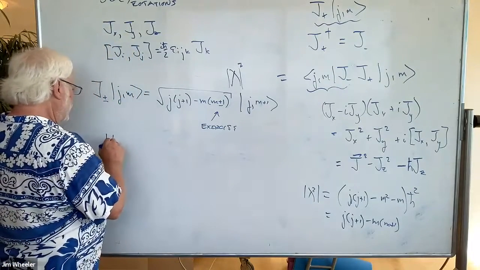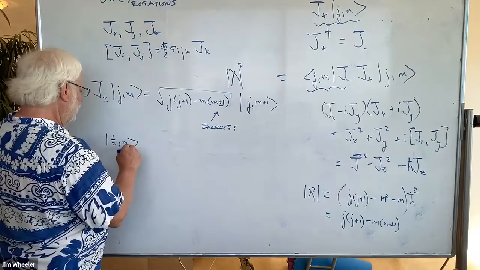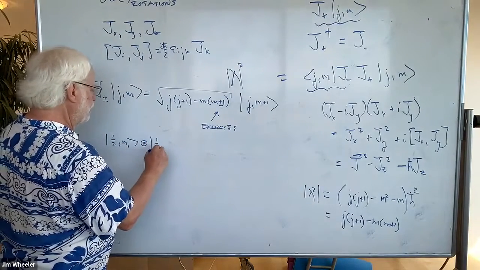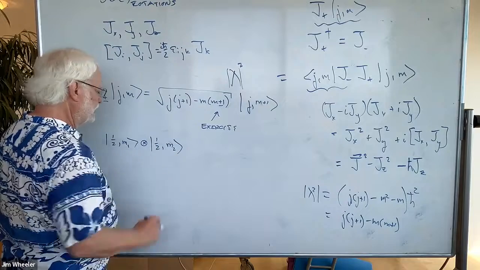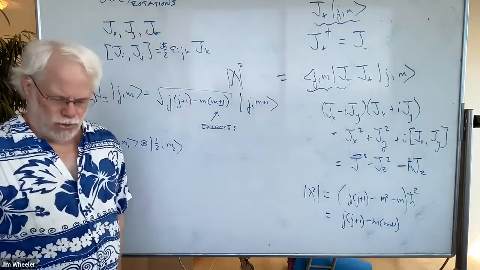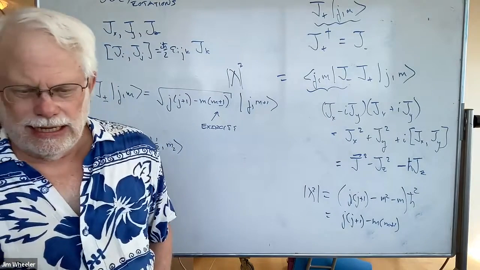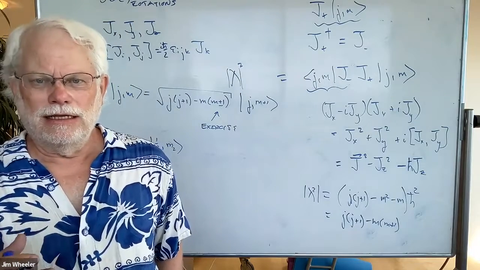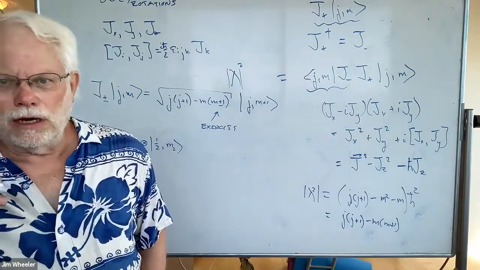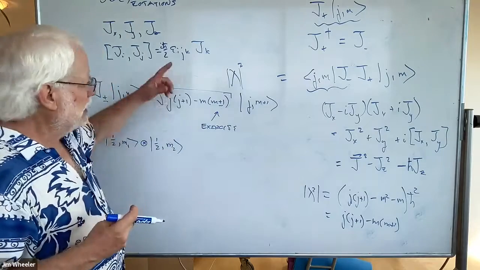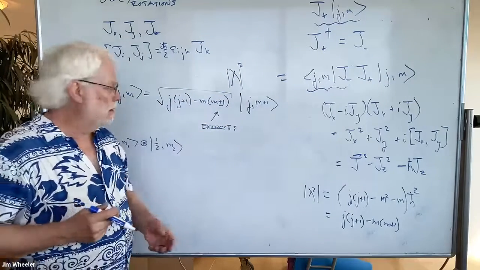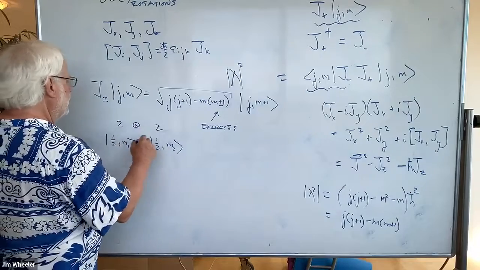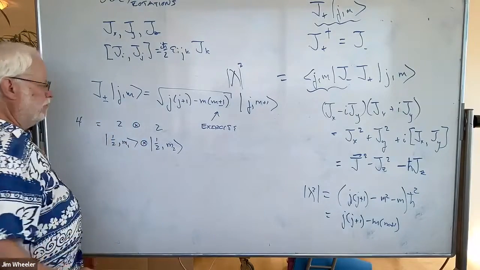To find that, we have a 1/2 m for the first electron and a 1/2 m, call it m2, for the second electron. What we want to know is how those angular momenta combine to give total eigenvalues of Jz and J squared. Well, there are 2 states here, and there are 2 states here, so we expect there to be 4 states.